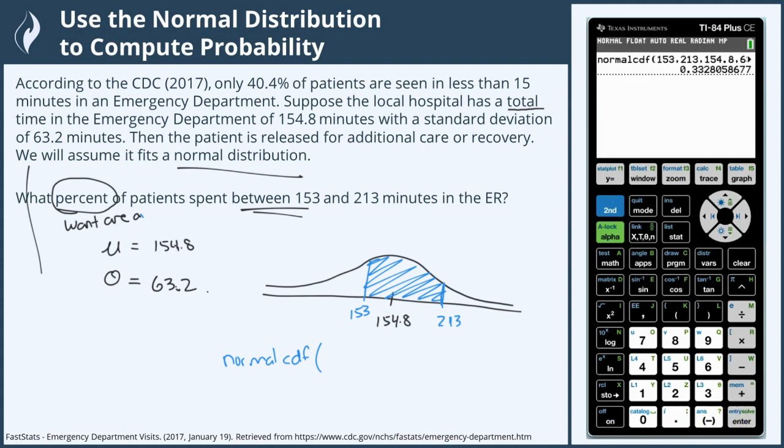Press enter again. So our answer is approximately 0.3328. I want to always check to see how they want me to round. And it doesn't say here, but typically with probability or with area, we want approximately 3 to 4 digits to the right of the decimal.